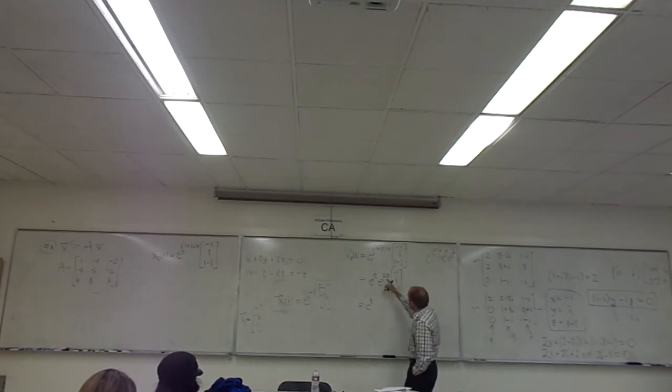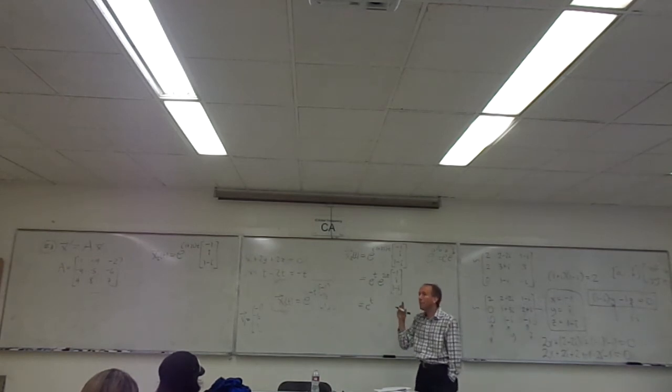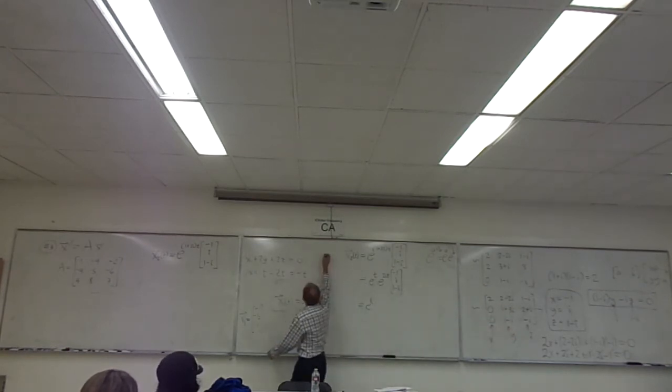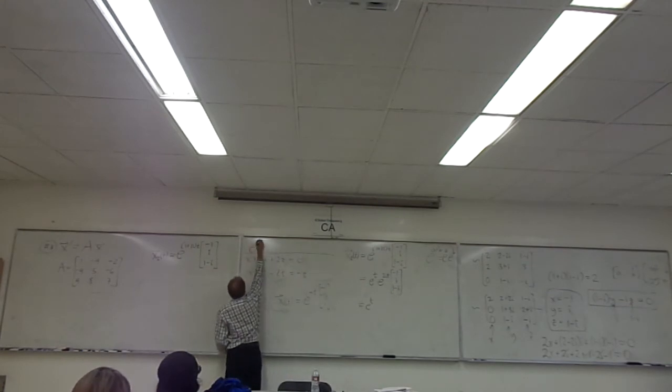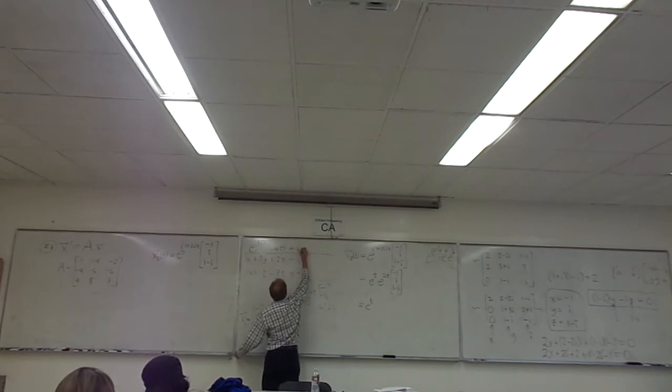But the e to the 2it, that's where we use the Euler formula. Everybody needs to know the Euler formula: e to the i theta is equal to cosine of theta plus i times sine of theta. Everybody remember that? That's a big one that we've been using. Okay?